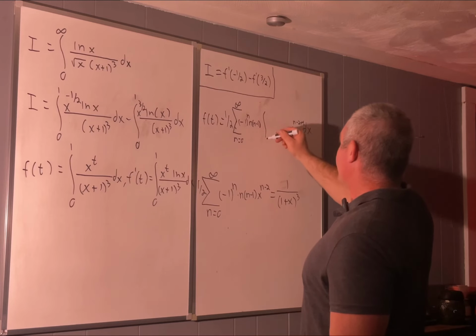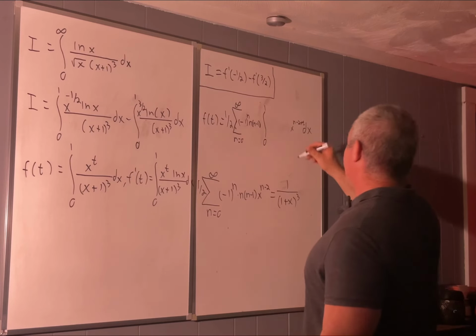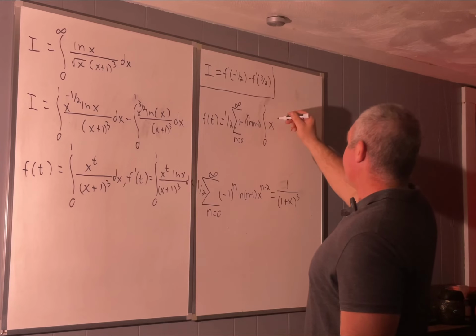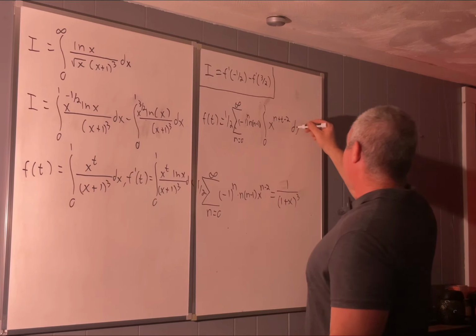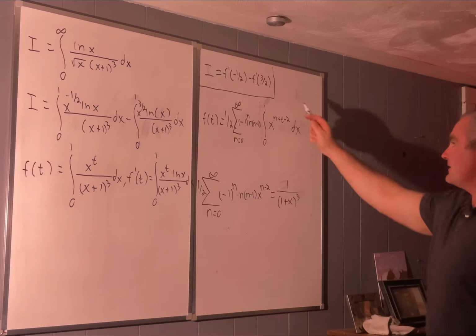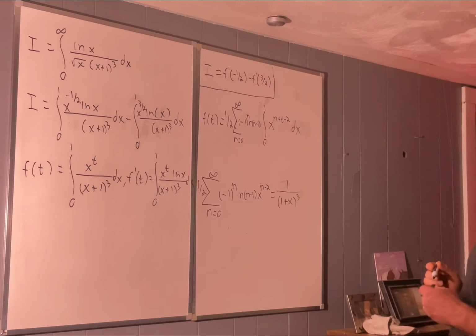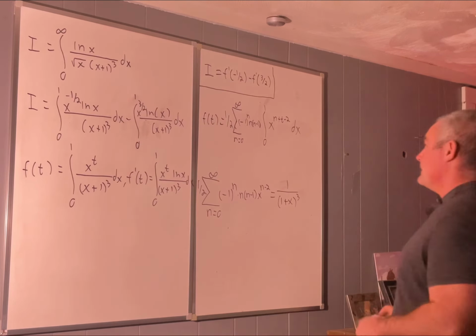So now we have the integral from 0 to 1 of x to the n plus t minus 2 dx. And this integral right here will simply evaluate to 1 over n plus t minus 1.